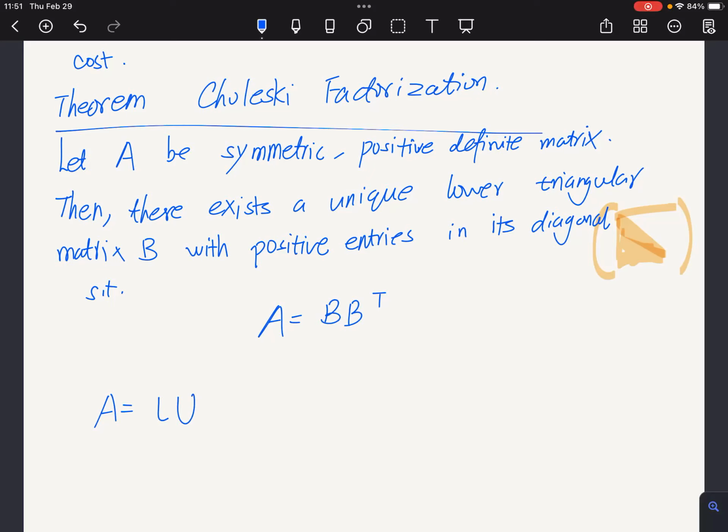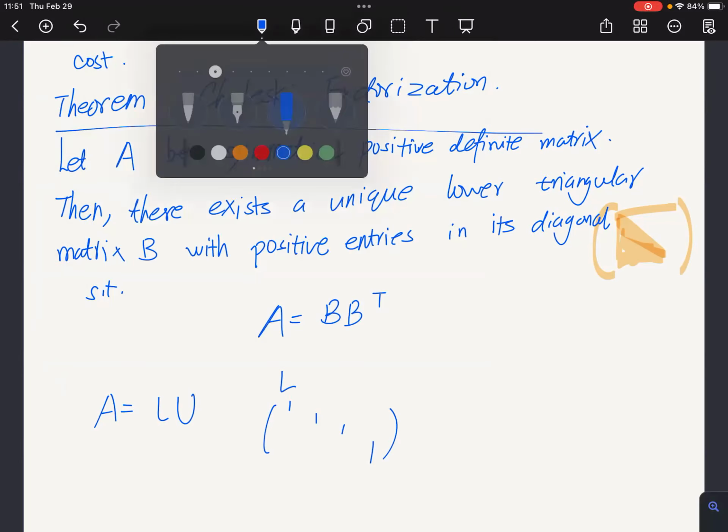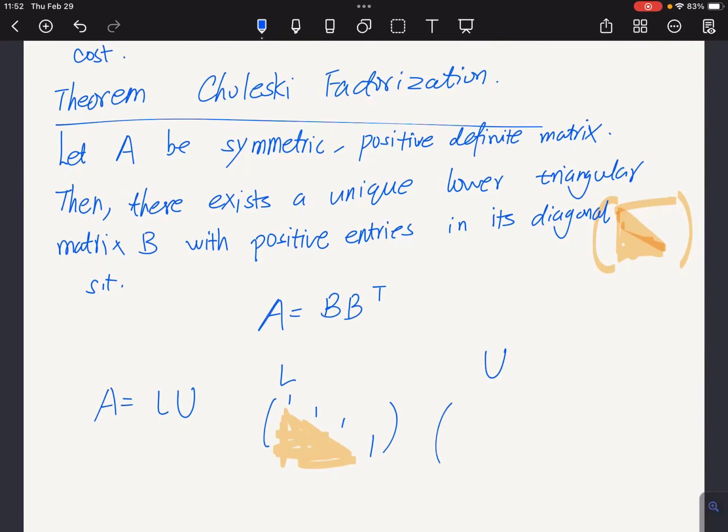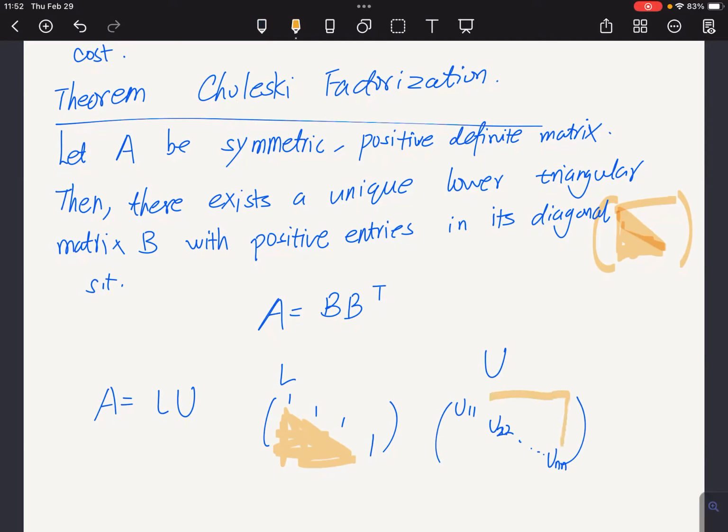The L matrix is 1, 1, 1, and all the things below here are non-zero, right? This is the L matrix in the LU factorization. And then what about the U? The U is the upper right triangular, right? You have U11, U12, U22, and then UNN here. And you also have some non-zero things on the upper right triangular part, right?